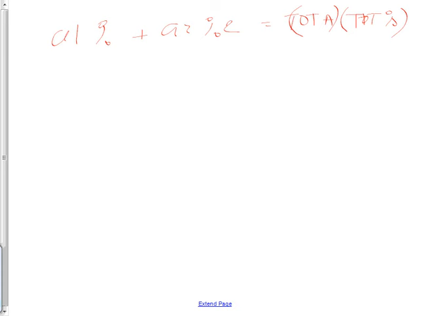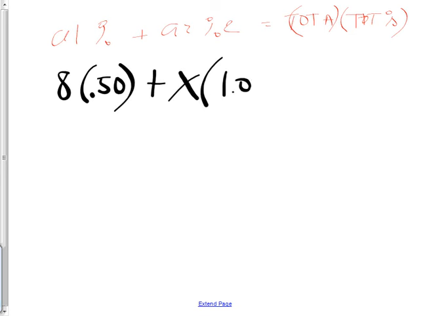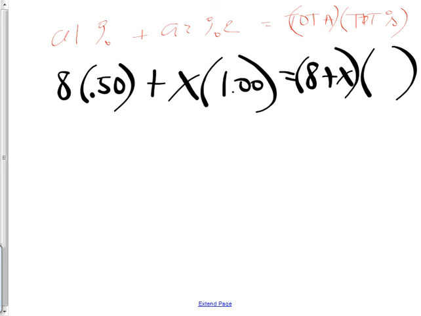And if I don't know one, I'm just going to put an X. The amount originally was 8 ounces of 50% pop plus I don't know how much of 100% pop equals the total amount. I don't know, but I know what it's made up of. It's 8 plus the unknown thing. And the total percent I wanted, 95% pop, will taste good again. So there's how you set it up.